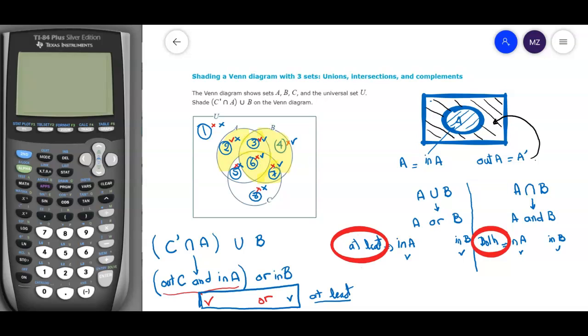And 5, I'm not taking it. 8, I'm not taking it. And 1, I'm not taking it. So this will be my solution then. The solution is this part here, the entire all B, and that will be your final solution.